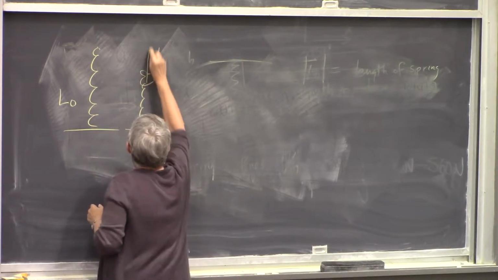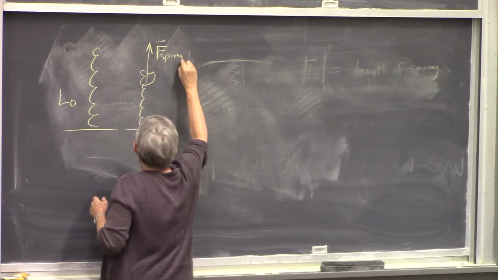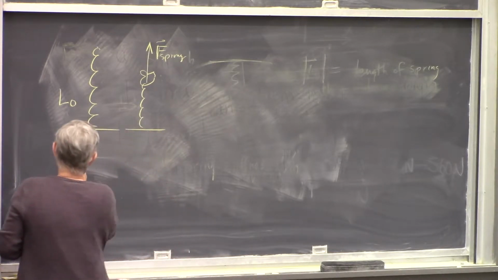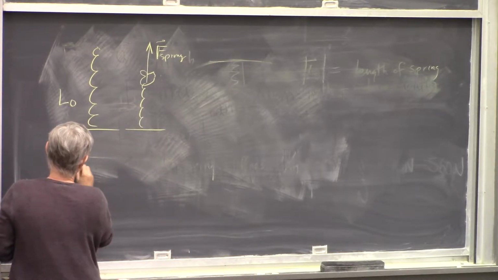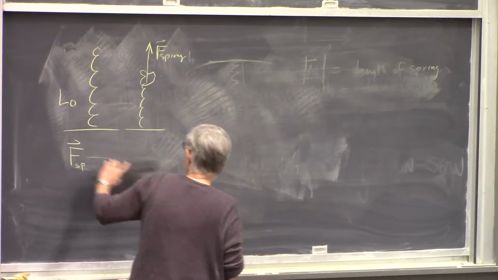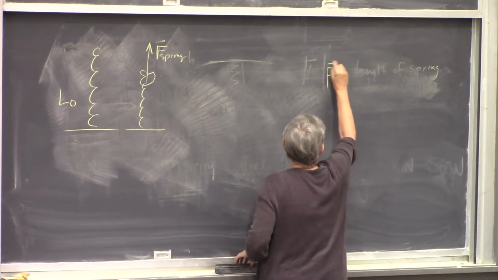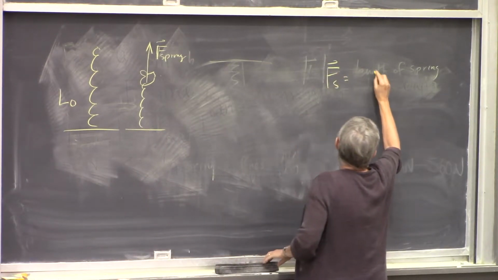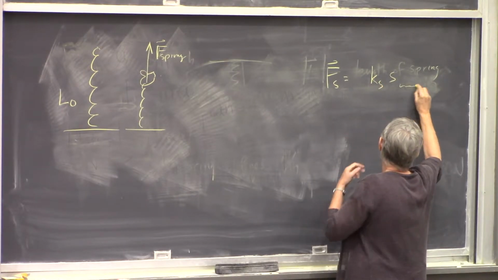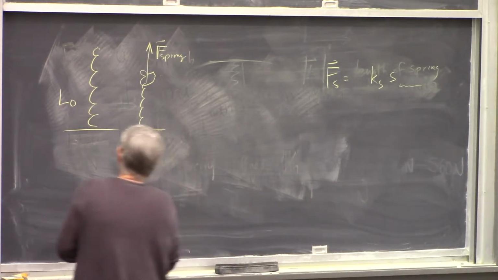So we need our force to come out upwards. So let's say that the spring force, how do we get a vector that ends up having the spring stiffness, the stretch, and something here that turns it into a vector?